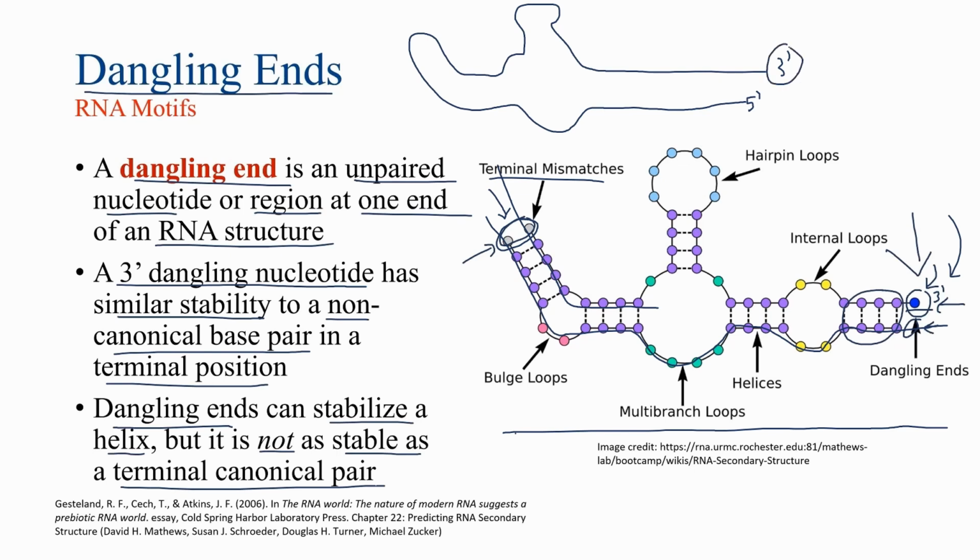Assuming that this indeed is a 3' end, which it most likely is, considering 3' dangling ends are more stable, the point that I want to make here is that these right here are not in fact base paired with one another. And further on that point, when you have the RNA twist in a stark turn, as you see here, assume you have one nucleotide here and one nucleotide here, we do not expect those nucleotides to base pair with one another.